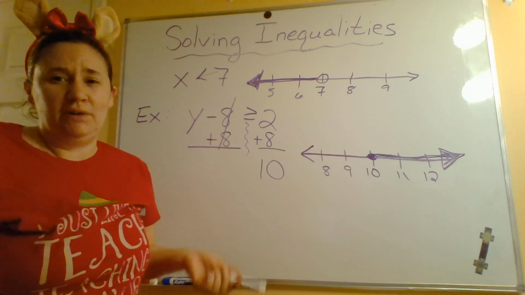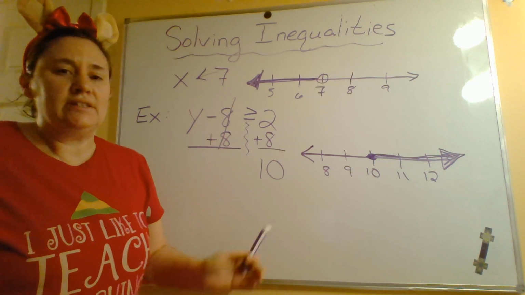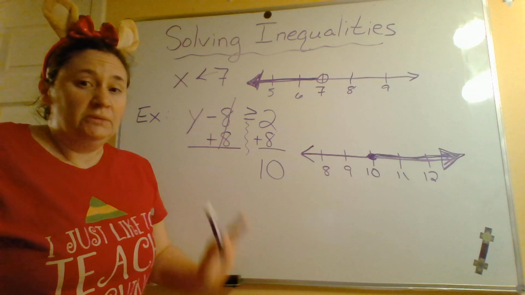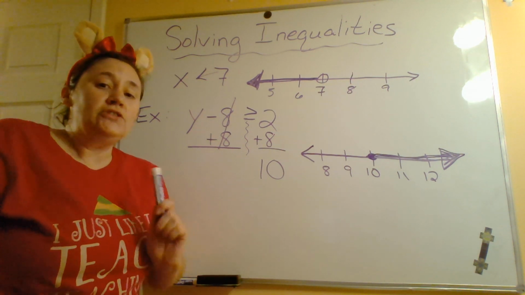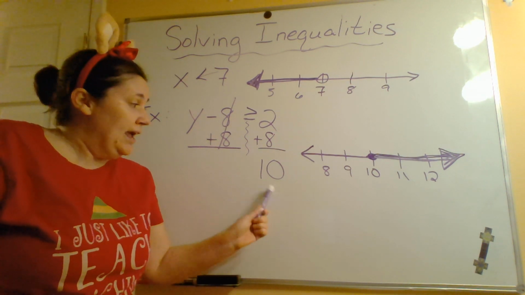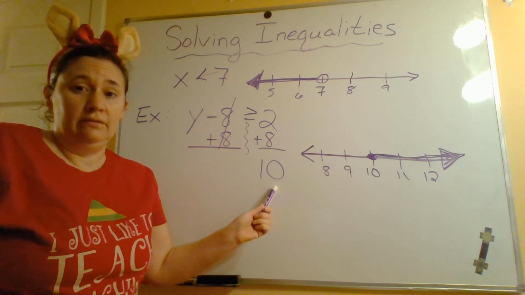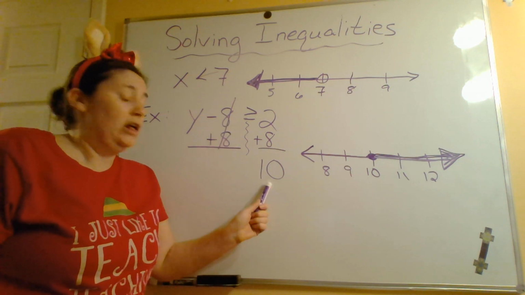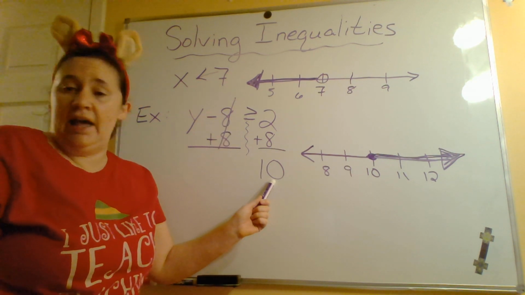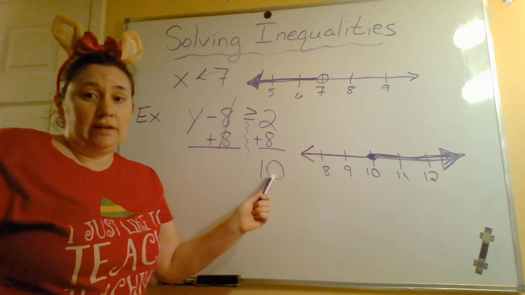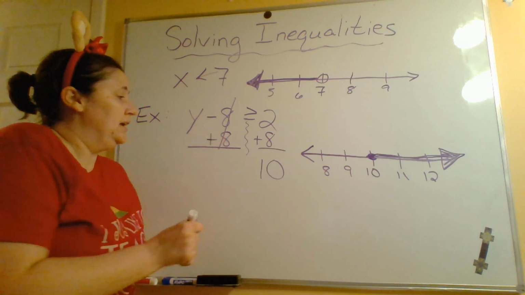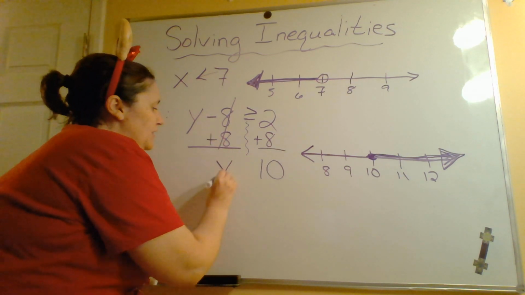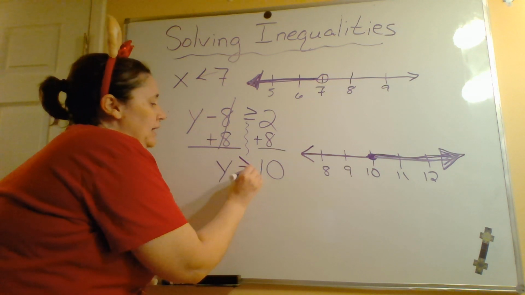And that was fine when we did equations. I was a little bit loosey-goosey when we solved equations. But when we're solving inequalities, the answer is not 10. The answer to this inequality is not the number 10. That's the wrong answer. The answer to this inequality is all of the numbers that are greater than or equal to 10.